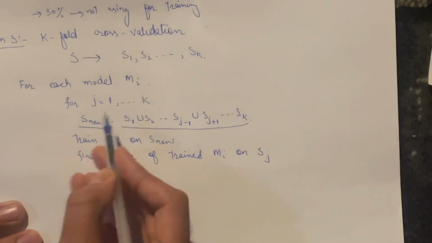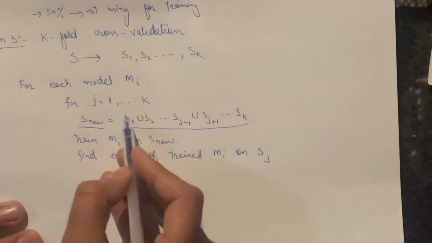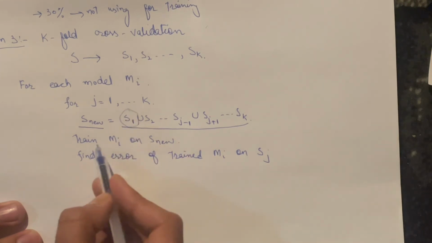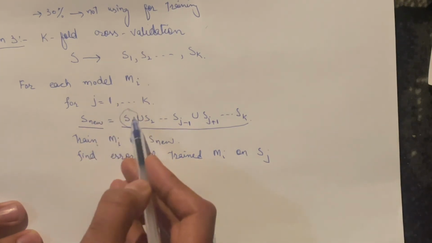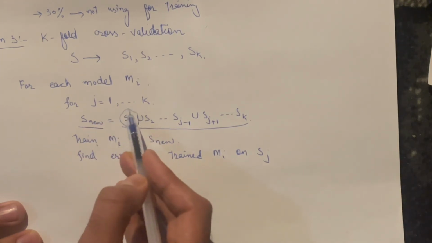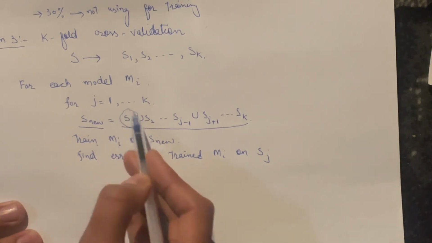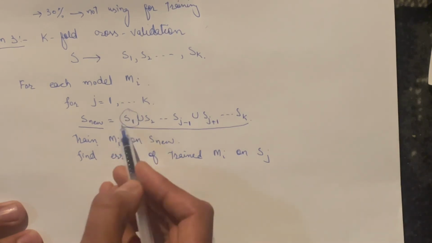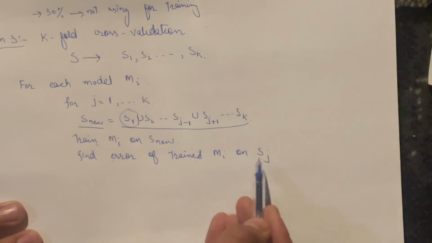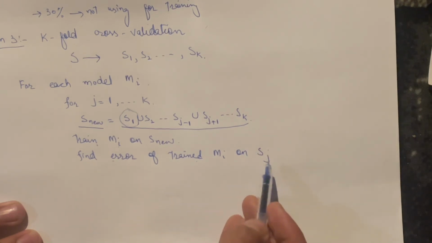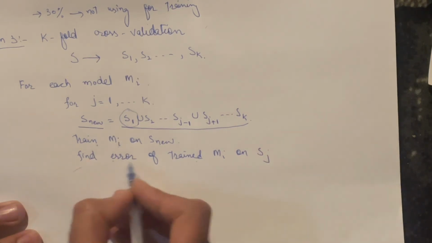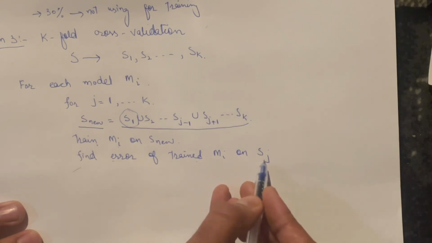So for example, the first j was 1, so s1 was not included. So it will train the model on all the training examples, excluding those which are in s1. Okay, then it will test the model on this s1, and it will find the error of trained mi on sj.